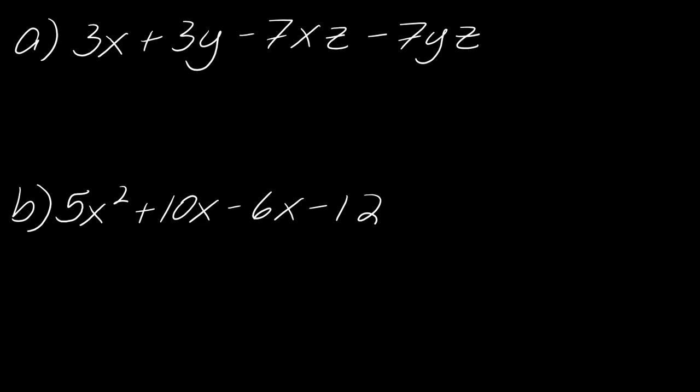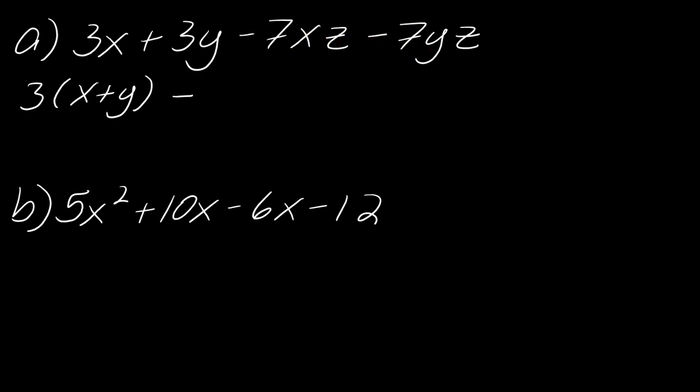So now what I want to do is I want to just go all the way in with this. So I'll do the first one with you. I've got 3x plus 3y minus 7xz minus 7yz. Again, we're looking for what the first two terms have in common. In the first two terms, they have a 3, and I can factor that out. And then in the second two terms, I've got 7xz and 7yz.